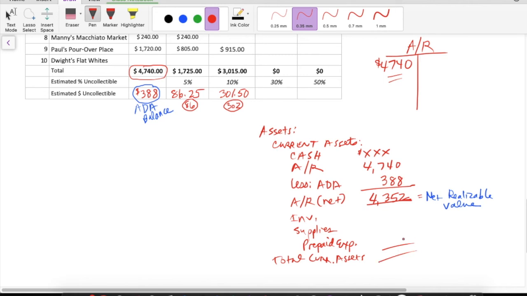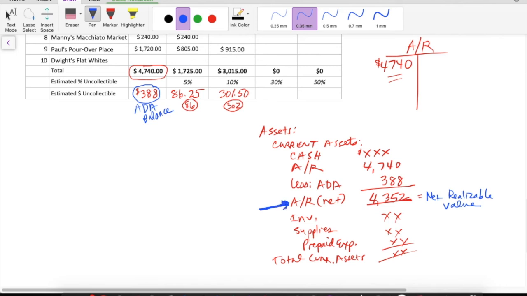So again, we don't know what these numbers are that would fill these spots because our illustration doesn't have that. But that's what it would look like. That's what my current asset section would essentially look like. Now, in reality, most businesses only report this number on their financial statements.